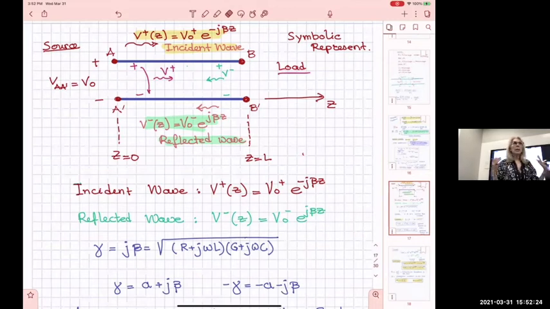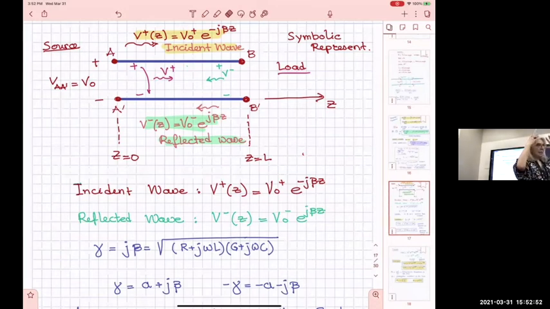I visualize that I have a source, it creates a wave, and this wave goes like that, and at some point arrives at the load, and then at the load it sees something and reflects. So then it's going to go back.